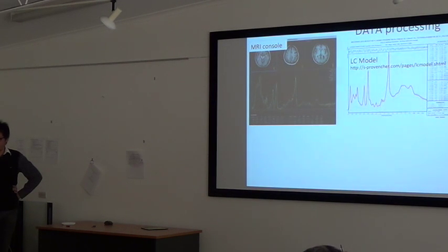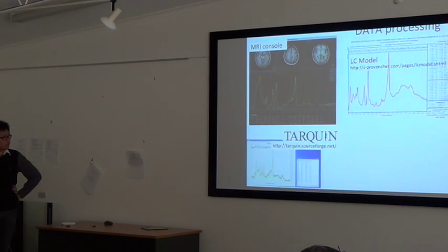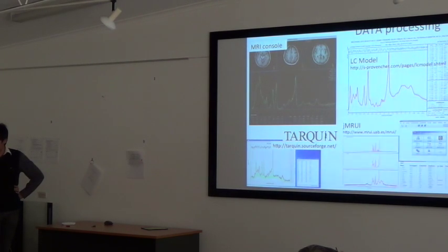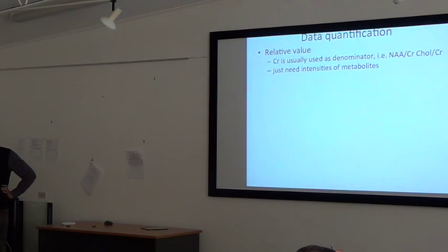It's a popular processing tool, but it's licensed and not cheap. TARQUIN is quite similar to LCModel, but with a little less technical support. The good thing is it's free. And jMRUI is more powerful. It processes not only spectroscopy but also NMR. When you set up jMRUI, you will need someone who knows it to set it up for you.